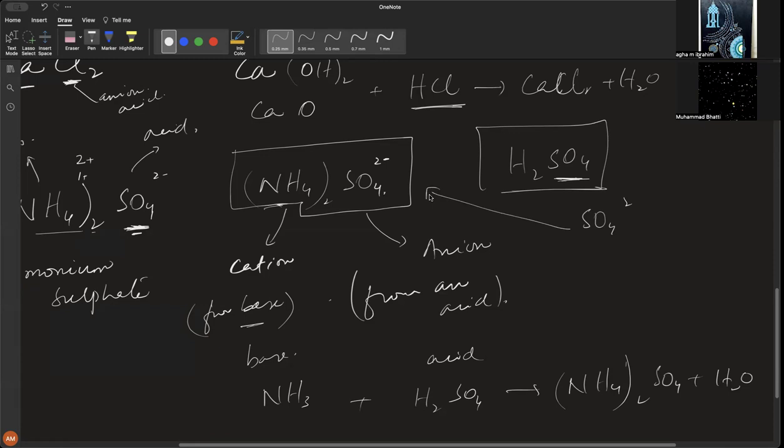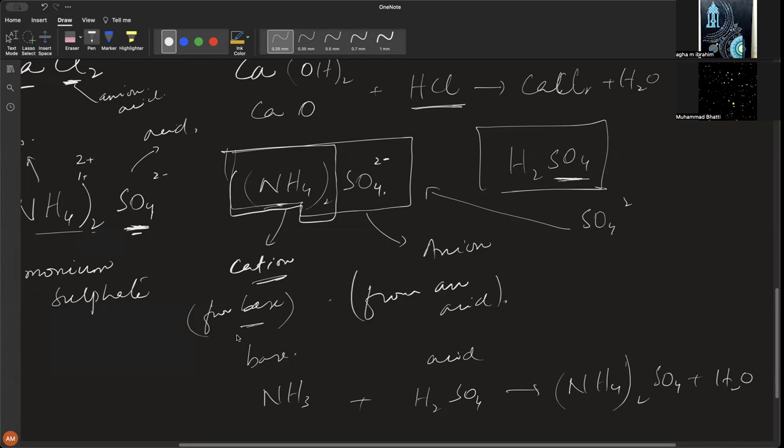The other part of the salt, when we look at it, is always a cation, and cations come from bases. So what would be the base from which these ammonium ions have made their way up to becoming a salt?